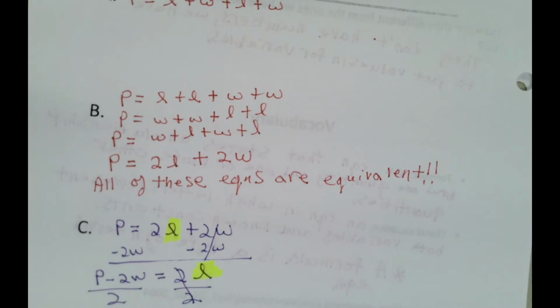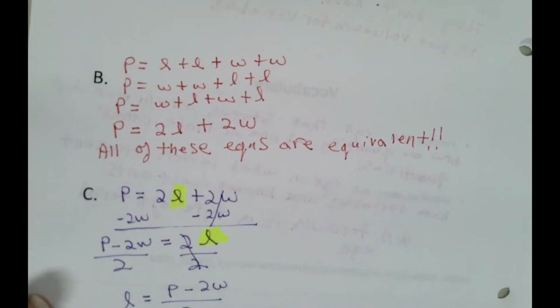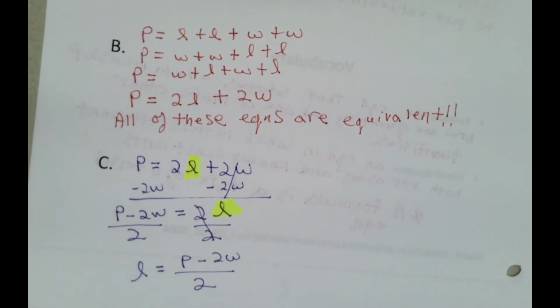So another way, this equation right here is just as simple and the same type as that up there. We just moved it around. One of the ways my student said it that I really liked is we rearrange. We're just rearranging things to get the letter we want on one side and all the others on the other. So it's the same equation, just moved around. We can also do this with width.